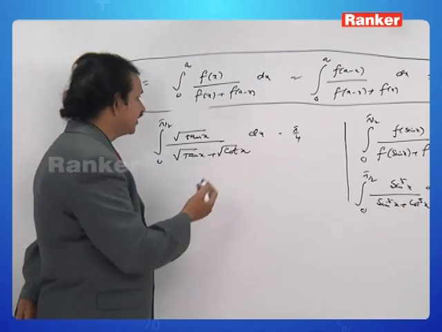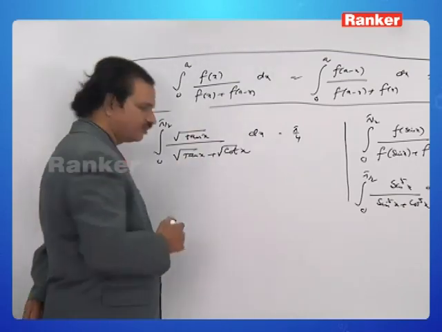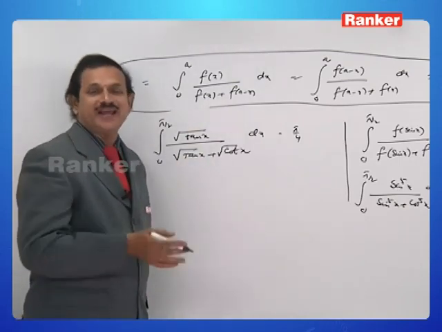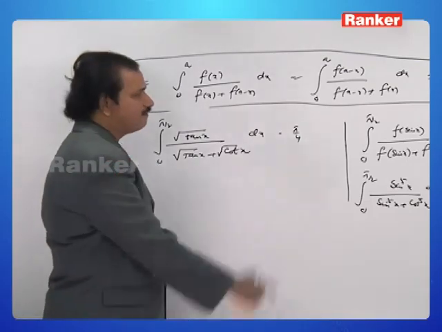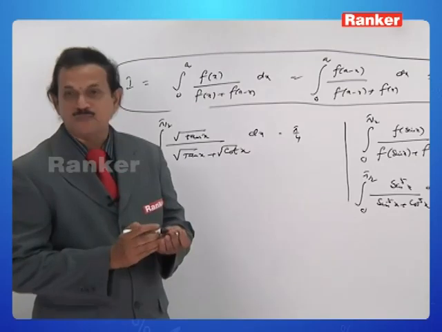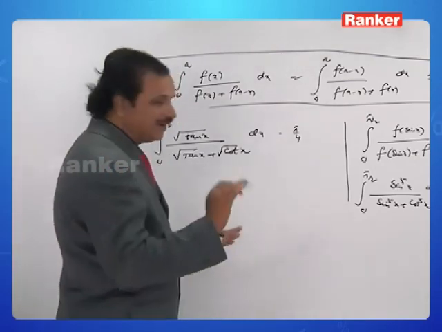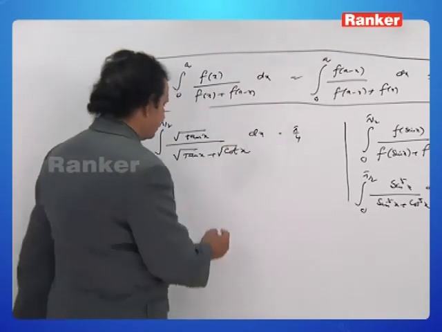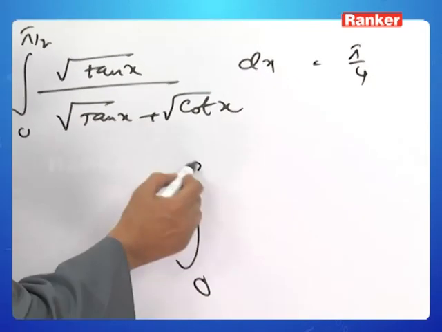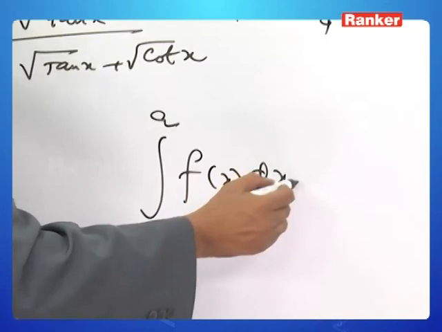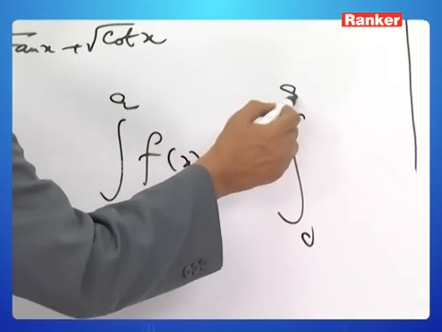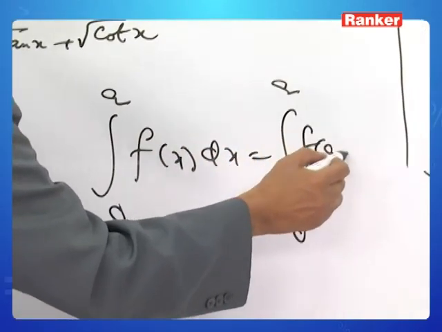So, such a great utility it exhibits, such a great benefit it offers. That is why that formula has become very important. Of course, the basic of this result is nothing but integral 0 to a f of x dx is equal to integral 0 to a f of a minus x.